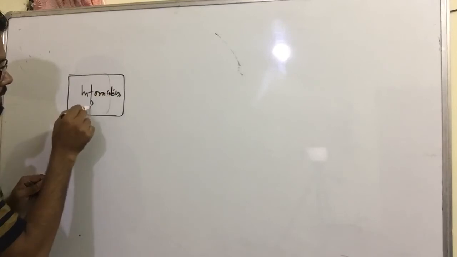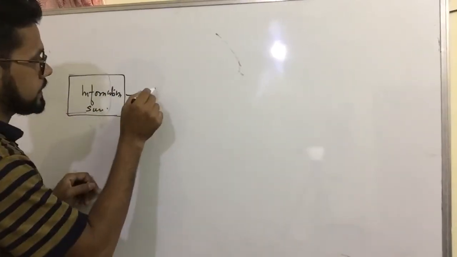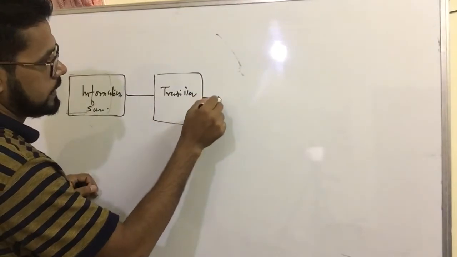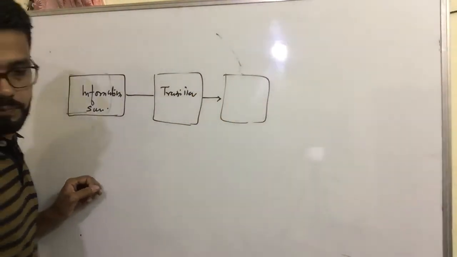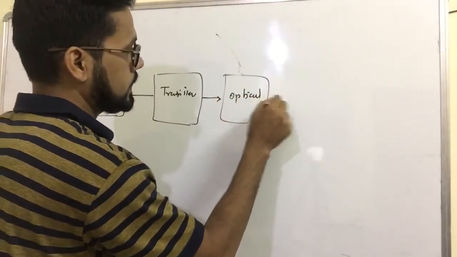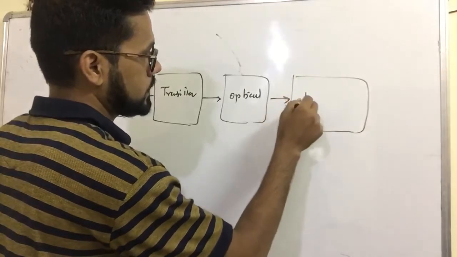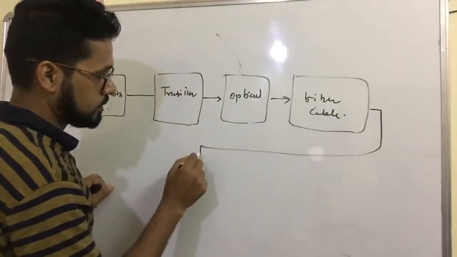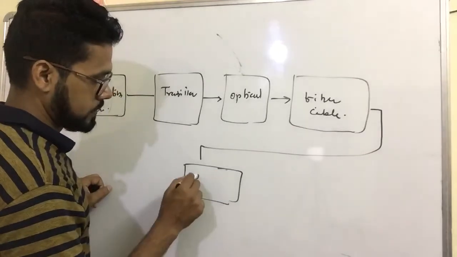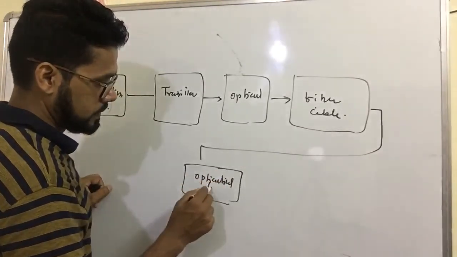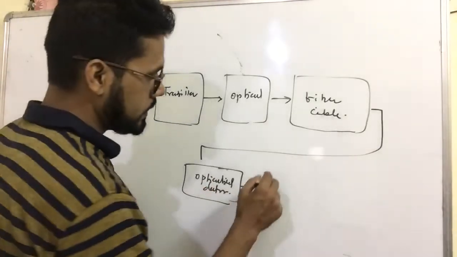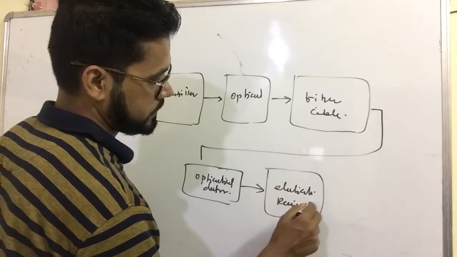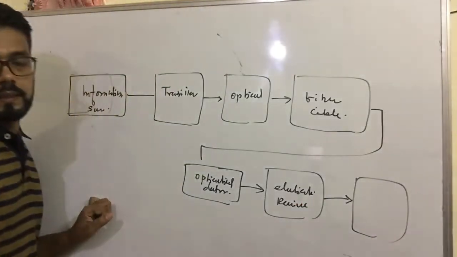Information source, then transmitter, then optical source, then fiber optic cable, then optical detector, then electrical receiver, then destination.